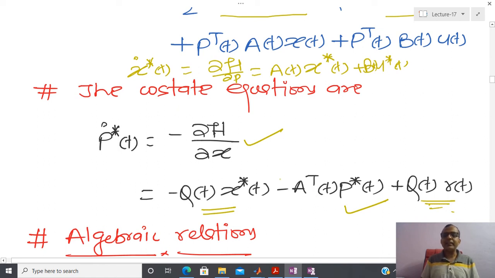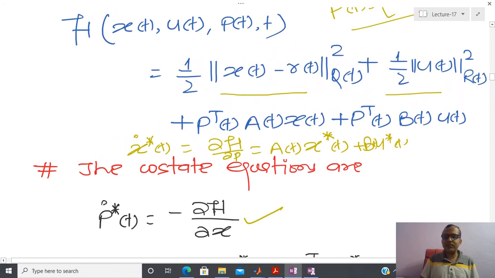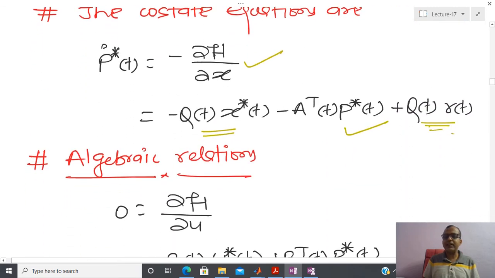So another term that is containing x, please verify this, is this term p_t transpose at into x_t, and I am taking the partial derivative with respect to x_t. In order to match the dimension we are adjusting, because we know that Q_t, P_t and H are all symmetric.